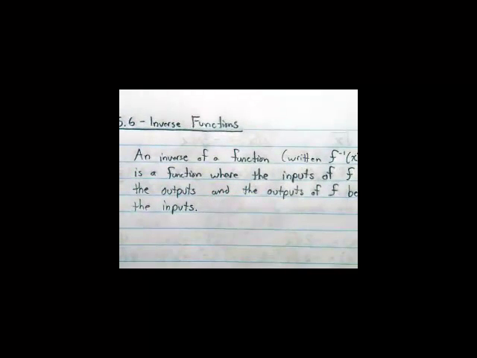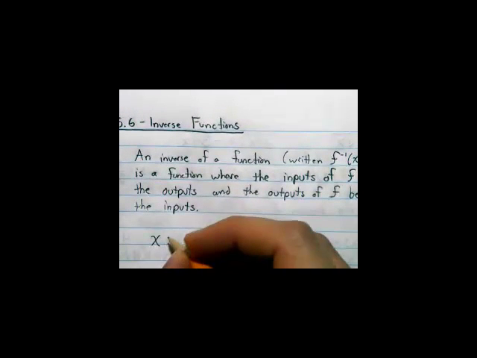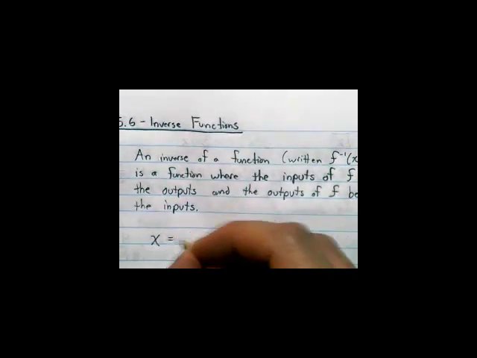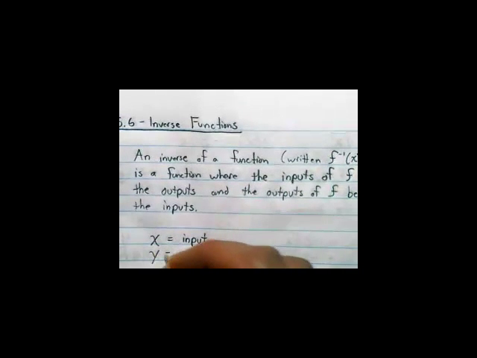I know it's a lot to write down, but like I said, it's a pretty straightforward concept: inputs become outputs and outputs become inputs. So I just got done saying that in general, x is what we use for input, and y is what we use for output.